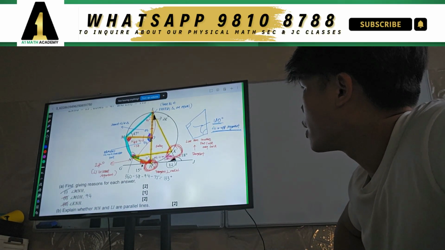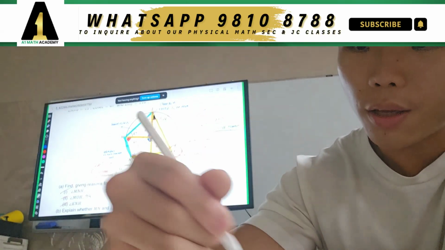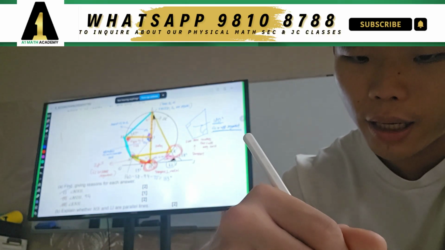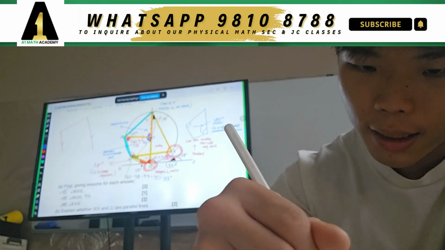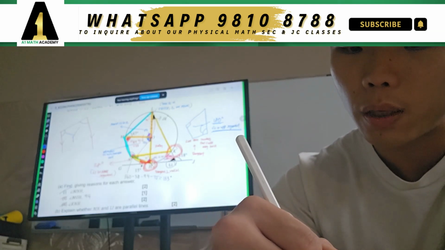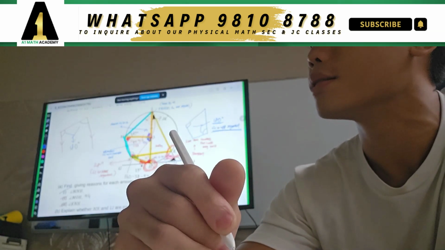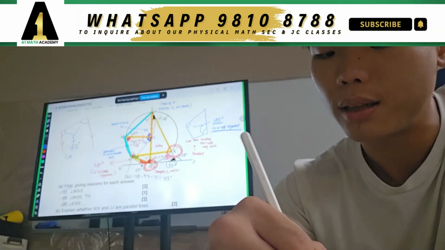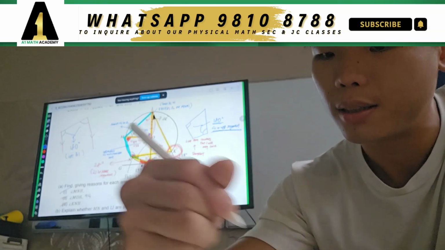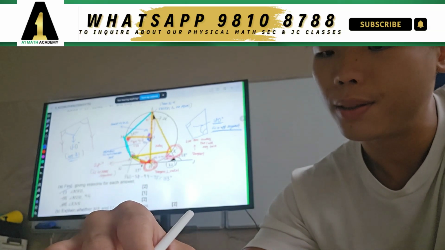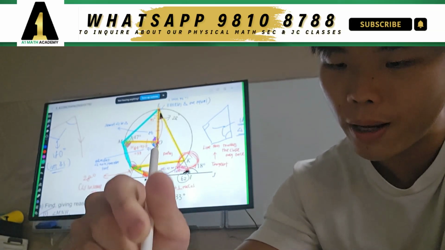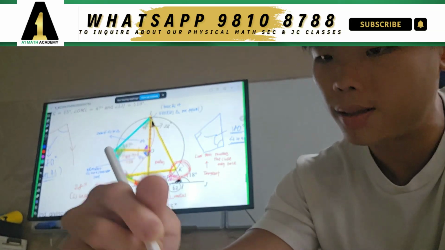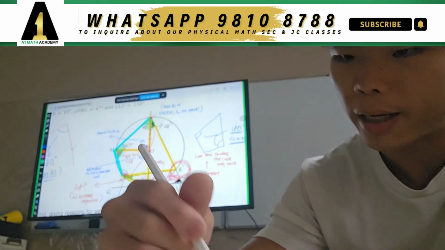If two lines are parallel, like that, like that, what will this and this add up to? 180, right? What's the property? Interior angles, correct? So now we look at the two interior angles over here.